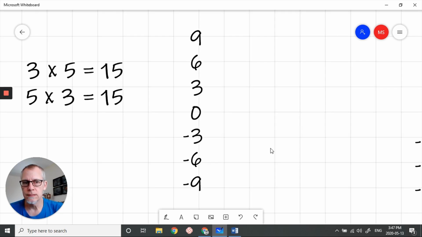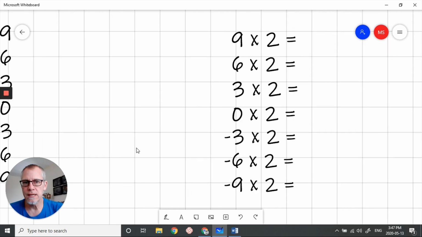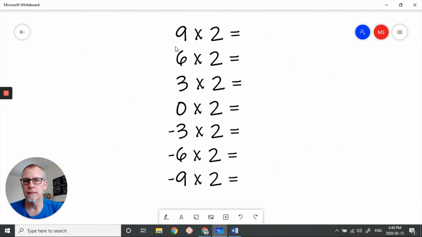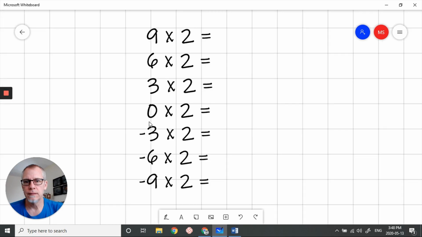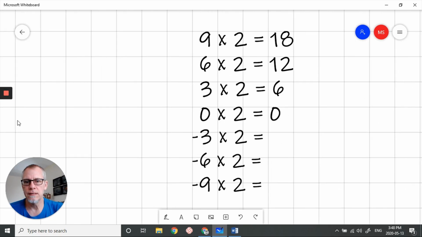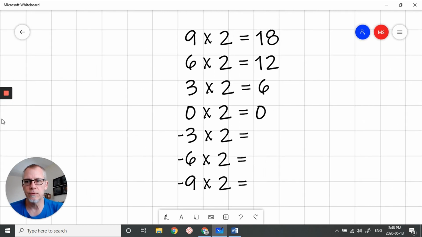So I'm going to take that series of numbers that drops by 3 each time, and multiply each number in the series by 2 and see what the result is. I've stopped at a point because I want you to carry this on your own.